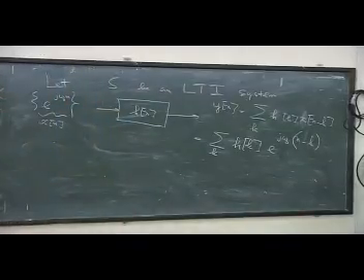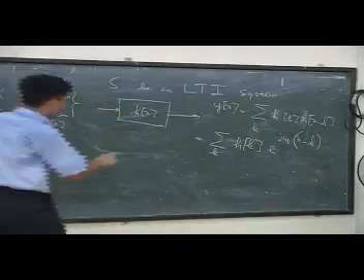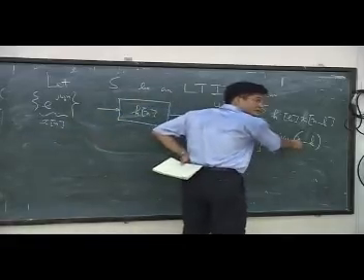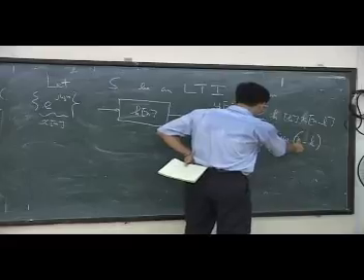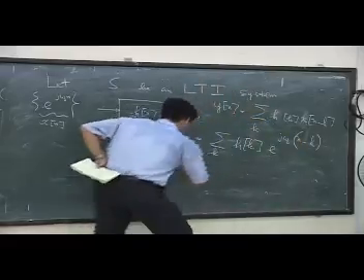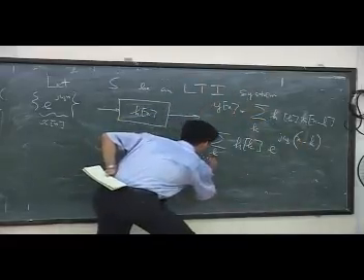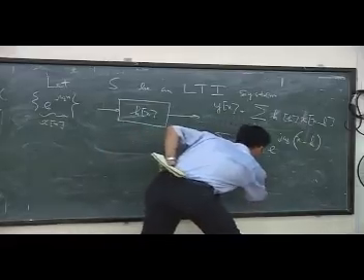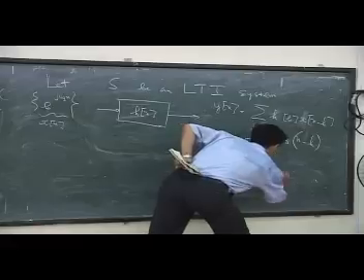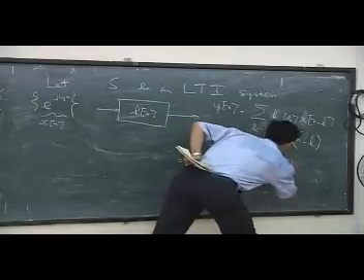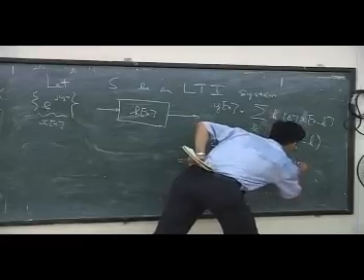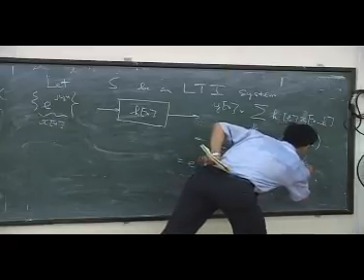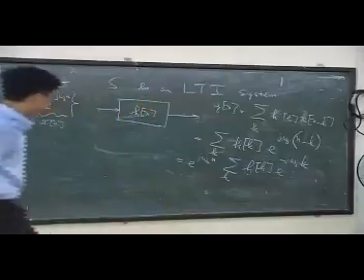So I have a summation in k. This omega naught n doesn't depend on k, so I can move it outside. So it's equal to e^(j omega naught n), and inside I have the summation over k of h[k] e^(minus j omega naught k). Is it correct?